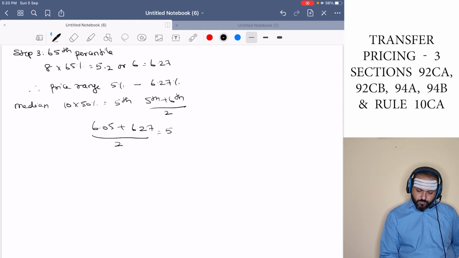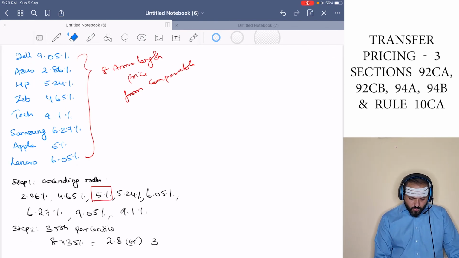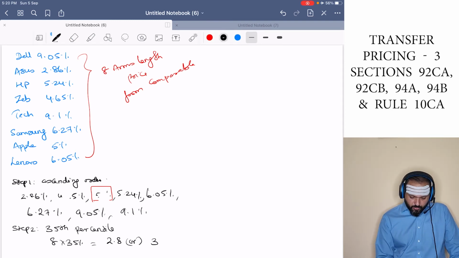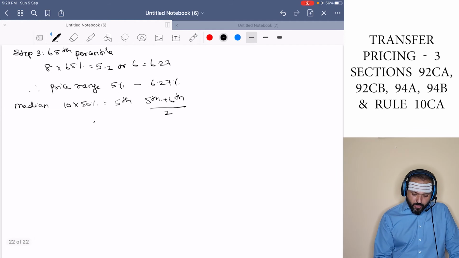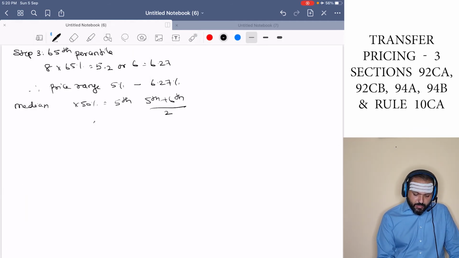Sorry, this is 4, not 5%. So the data set is not 10, the data set is 8. Sorry guys, the data set is 8.